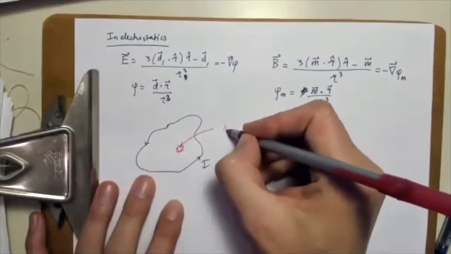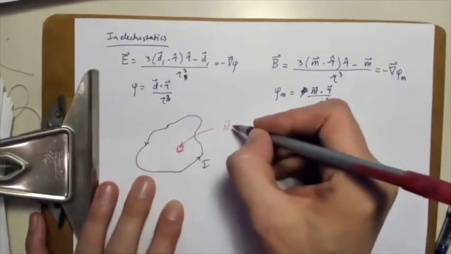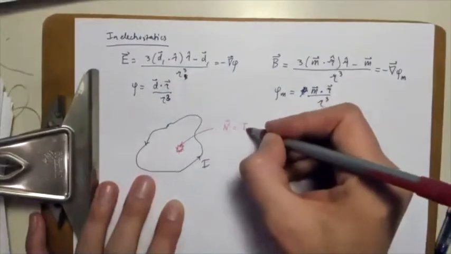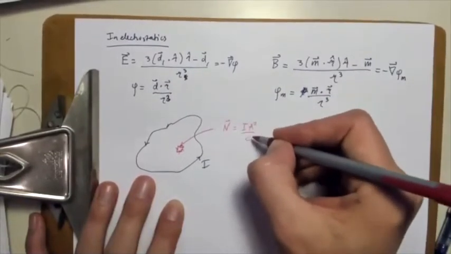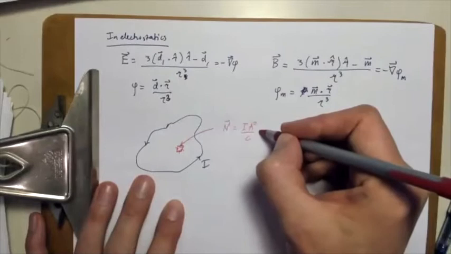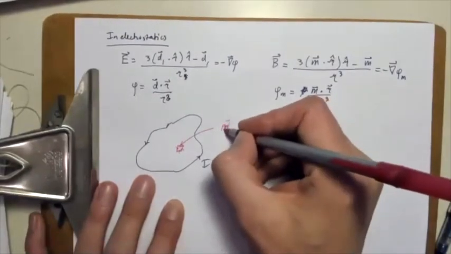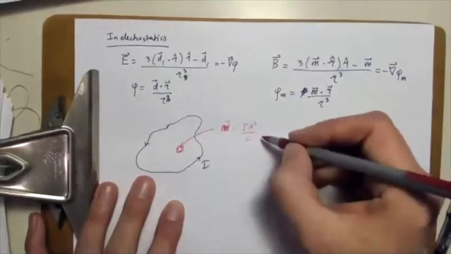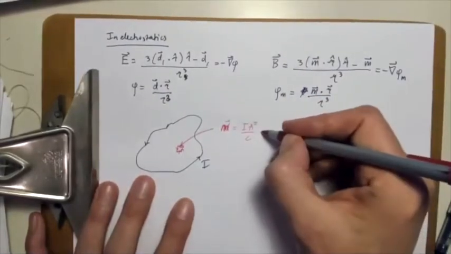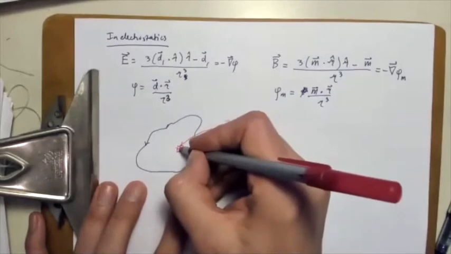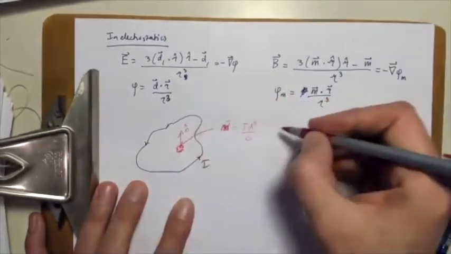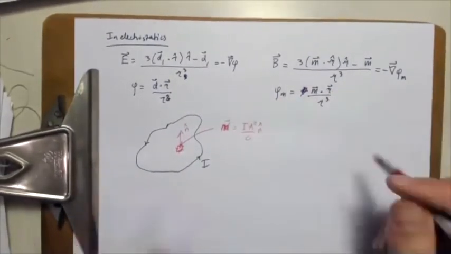The moment would be I times A squared over C times the normal. So that's M, of course, and this is the actual normal.